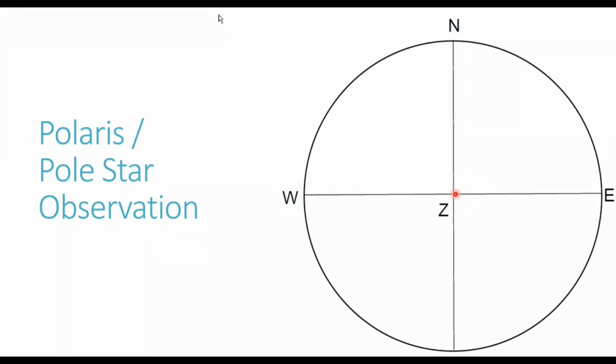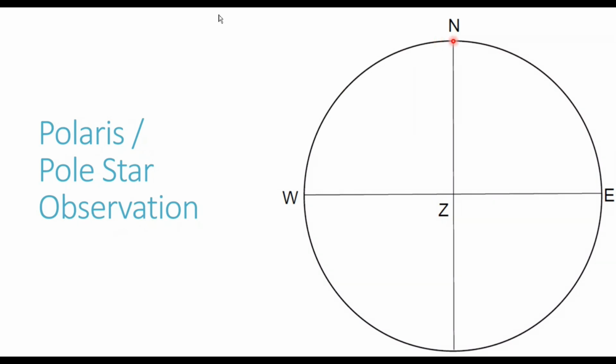At the center of this diagram, we have the zenith of the observer, the point directly overhead represented by alphabet Z. And on the circumference, we have the points N, E, S, W representing the rational horizon of the observer.